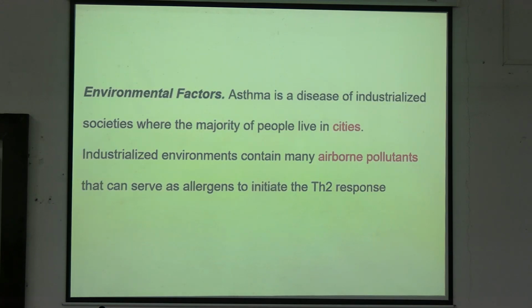Environmental factors are very important in asthma, especially for people who live in cities. They are a common target for asthma if there is airway hyperresponsiveness, because the airway pollutants serve as allergen and trigger the Th2 response.